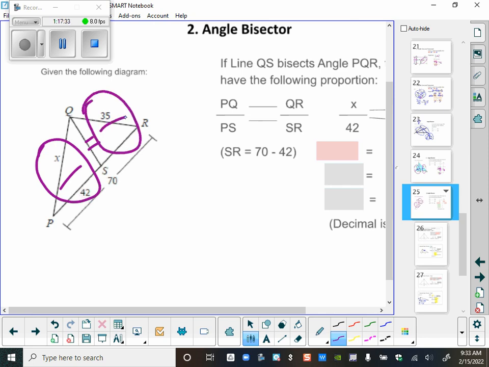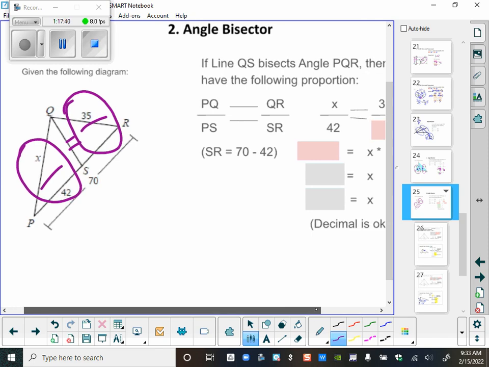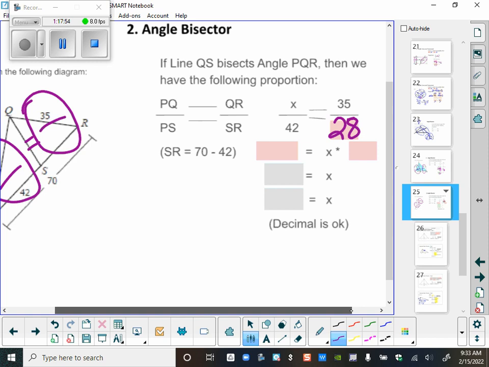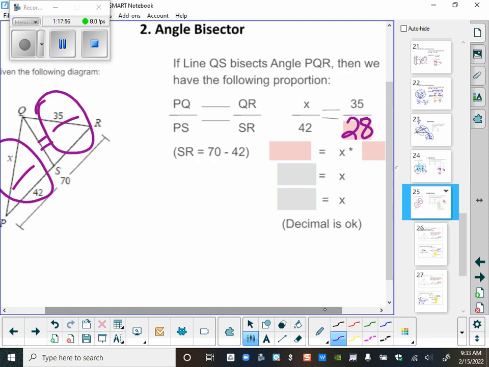However, what number is going to go in that denominator of the second ratio? Why 28? Why not 70? 70 minus 42, 28. And then in the end, 35 is 42, x is 28. This should actually be 28x.